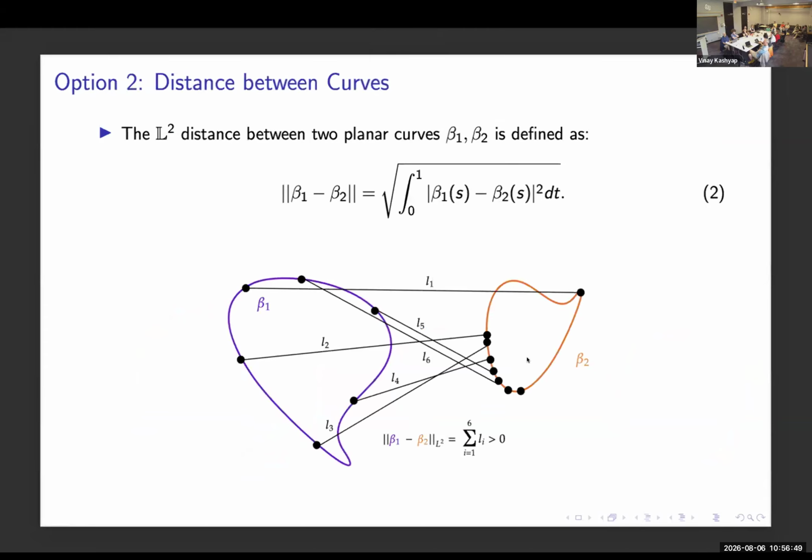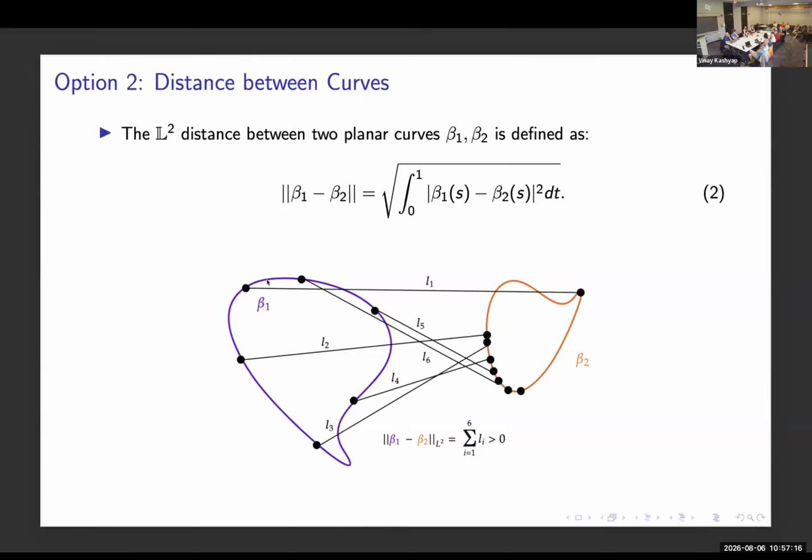Anyone who has worked with registration knows that if you have an ordered set of points, match points and move around your curve, and then take the Euclidean distance, the distance between two curves will be bigger than 0 even if I have the exact same shape. So there is information in the embedding that I'm taking into account in my distance that I don't want to be part of my distance measurement.